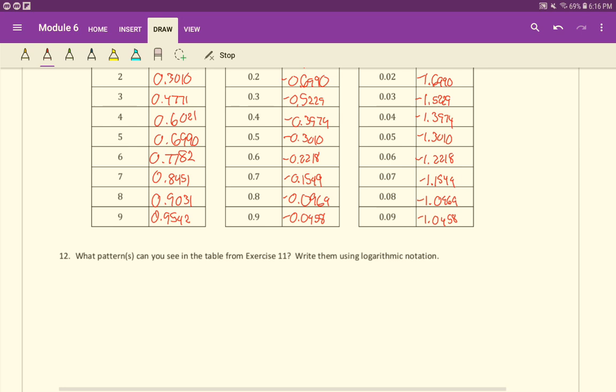So write them in logarithmic notation. Log of 1 over 10 times x equals -1 plus log of x, and log of 1 over 100, because again we're multiplying by 1/100th here, from 8 to 0.08, that's times 1 over 100, would be -2 plus log of x.